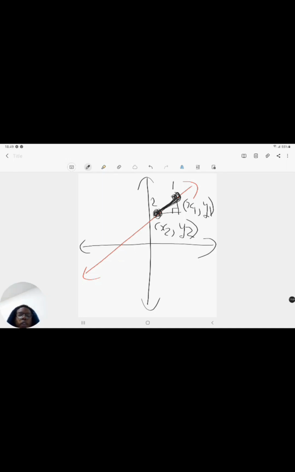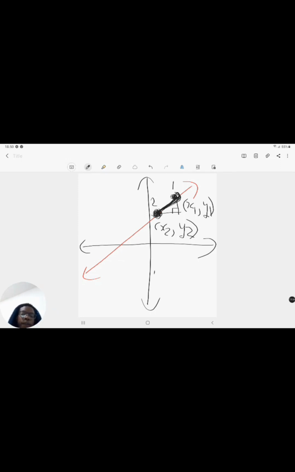Now, in order for me to calculate the slope, I just have to take x1, the x value at coordinate number 1, minus the x value at coordinate number 2. Get the value of y1, which is the y value at coordinate number 1, and the y value at coordinate number 2. Get those values, and then divide those two values by each other, putting the y on top as the numerator, the change in y over the change in x, right?